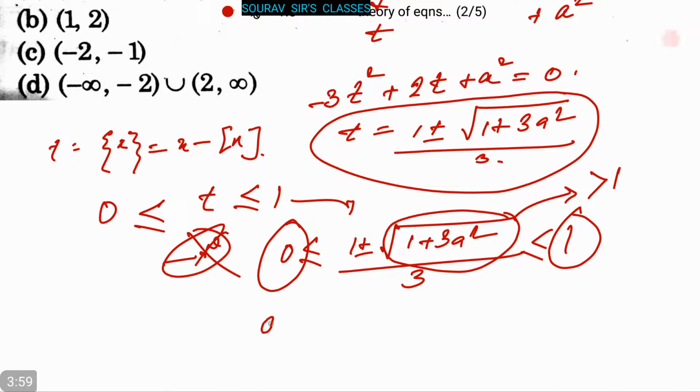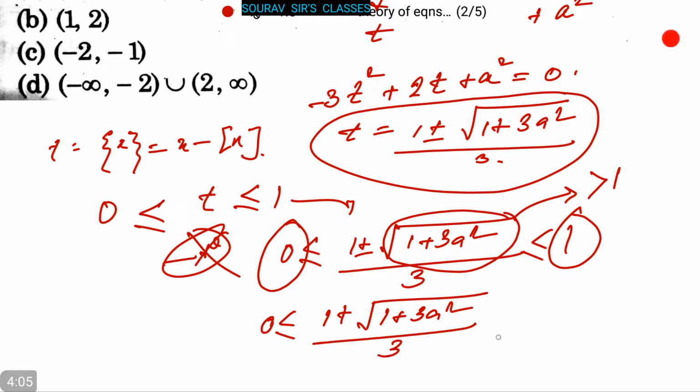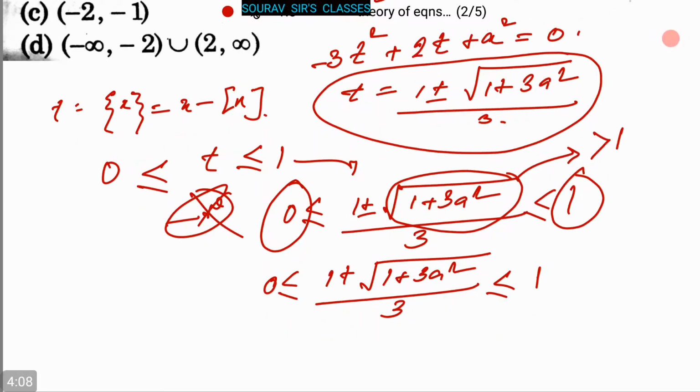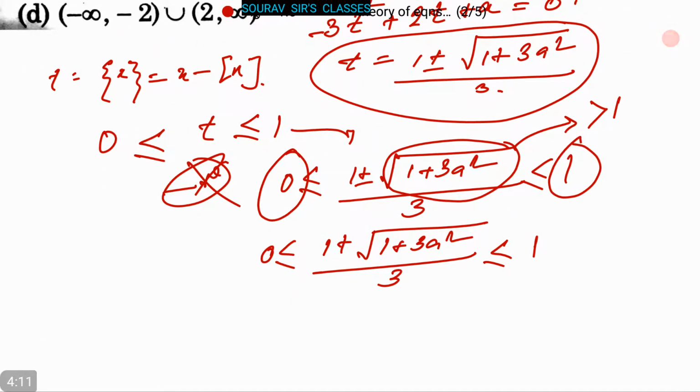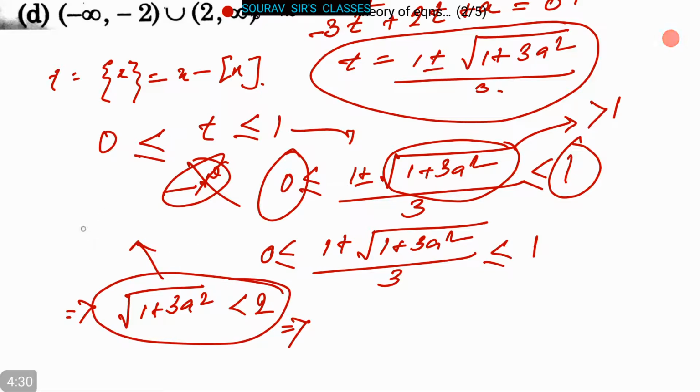So we take the positive part of this entire expression, and once we do, we have that root over 1 plus 3a squared is less than 2. This you will get as a matter of calculations.